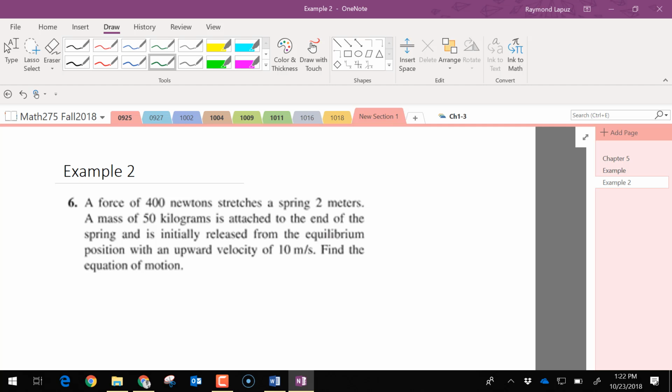So if positive is going down, upward velocity means we're pushing it upward, so it would be a negative direction. This is the stuff that helps us find our initial conditions, and it's usually a good place to start in case you don't know where to start.